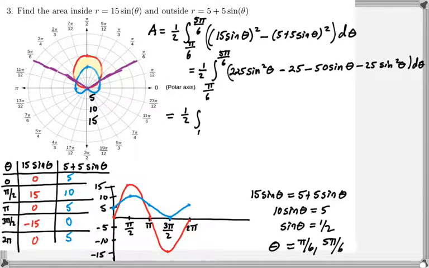Collect our like terms. We have 1/2 integral from pi over 6 to 5 pi over 6 of 200 sine squared of theta minus 50 sine of theta minus 25 d theta. Okay. We're going to finish up this computation on the next slide.